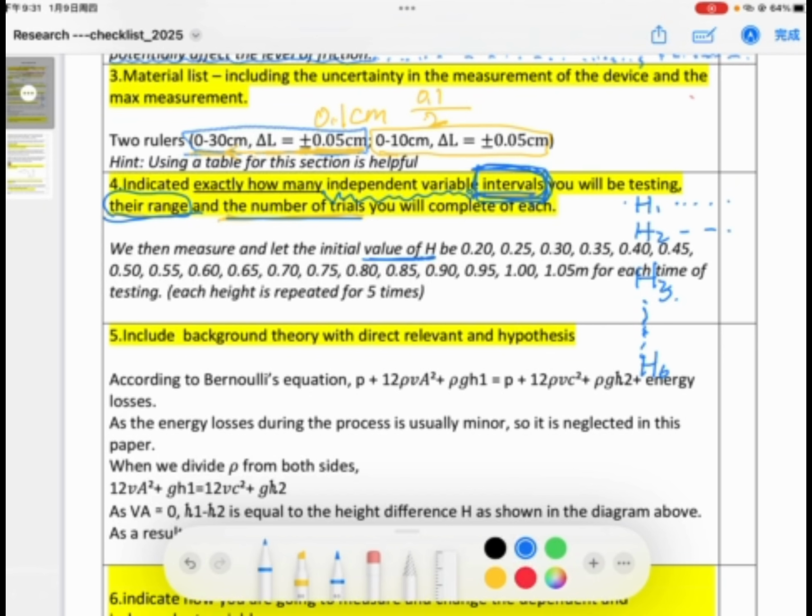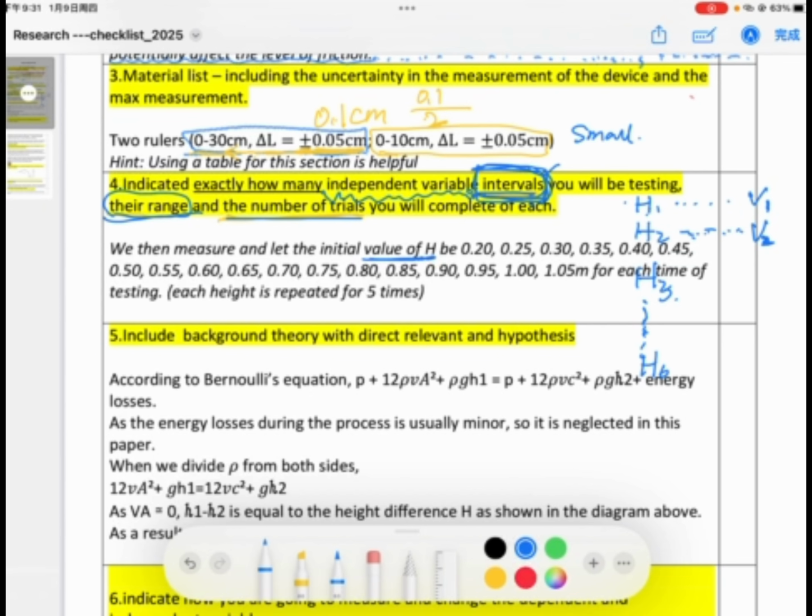Because when you design your data, you also need to think about the interval. If you are taking your interval too small, then there will not be many differences in the dependent variable. For example, h1 will affect v1, and h2 will have another terminal velocity, for example.